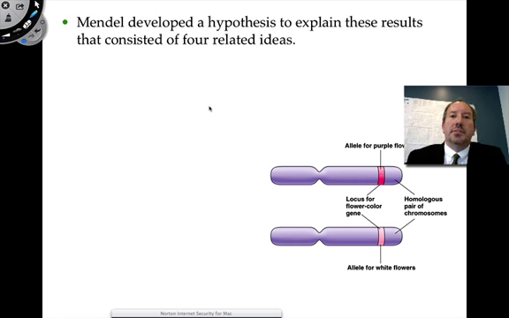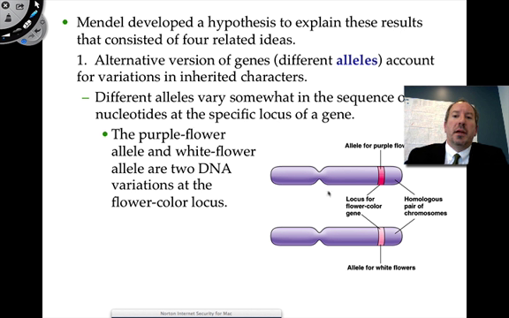So Mendel developed a hypothesis to explain a lot of related results that he was getting. One of them was that there were contrasting factors. He didn't use the word allele, but there were contrasting factors like purple and white. And it seemed to him that plants had two factors for each particular trait, and that's the truth.